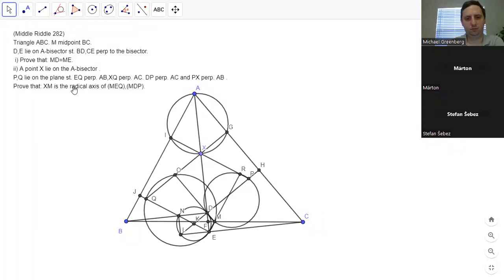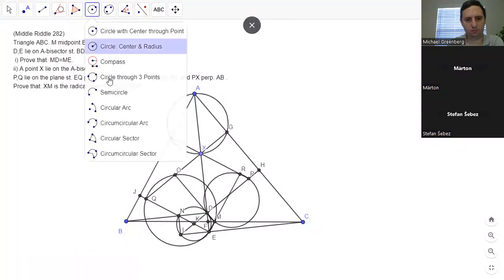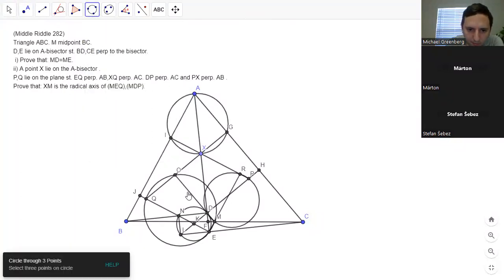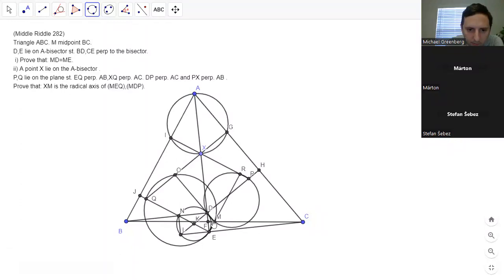Then after some angle chase, I think we should prove that triangle DOR is similar to EPQ. I think inversely similar, they are not oriented the same way. But DOR is acute and EPQ is obtuse, right? Okay, I probably made a mistake. That's all right.